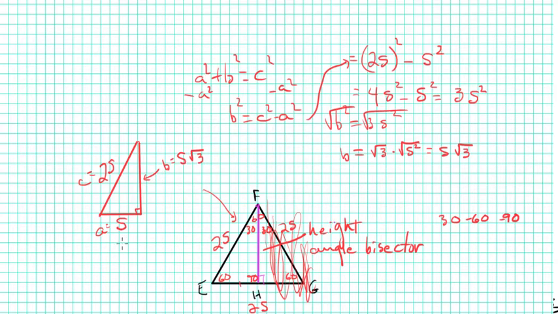S can be equal to 5, it can be equal to 20, it can be equal to 9. It doesn't matter. So here's how we do that. We say, okay, I've got a special 30, 60, 90 triangle, okay? And so there's my 30, 60, 90 triangle.